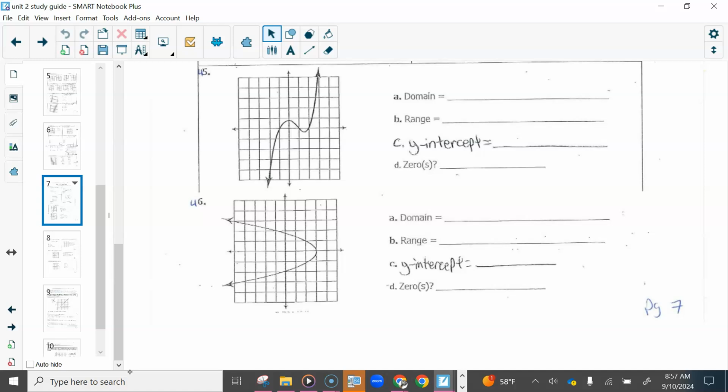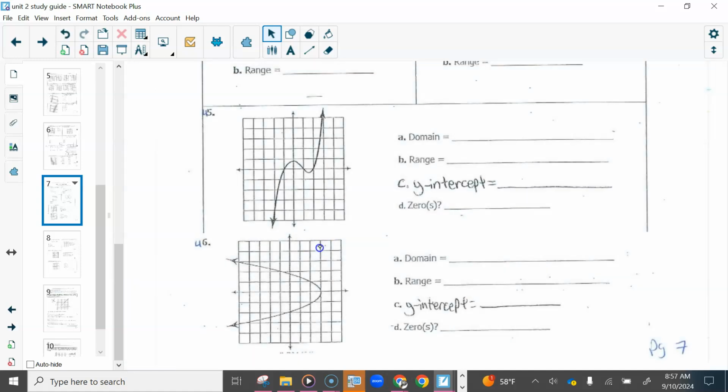So for this, if I'm looking at the domain, I'm thinking about the x values. Do I have a starting point? If this keeps going to the left, do I have a starting point? No. What about an ending point? Yes.